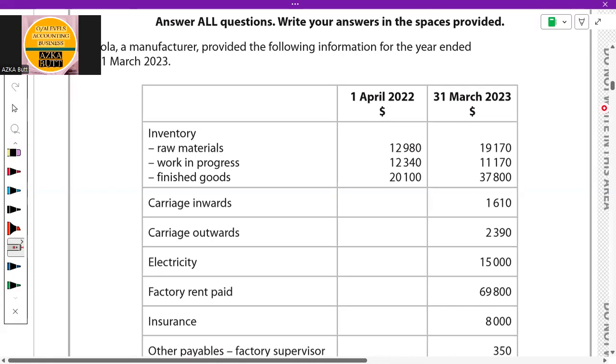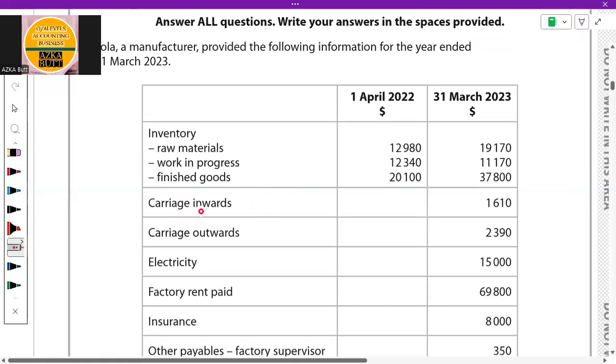This is very easy. Yola, a manufacturer, provides the following information for the year ended 31st March 2023. We have the opening and closing balances of raw material inventory, work in progress, and finished goods.